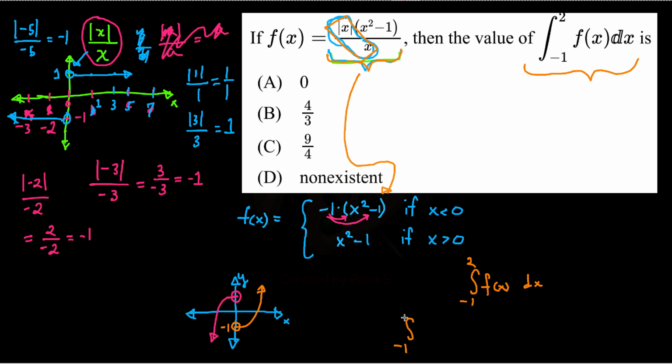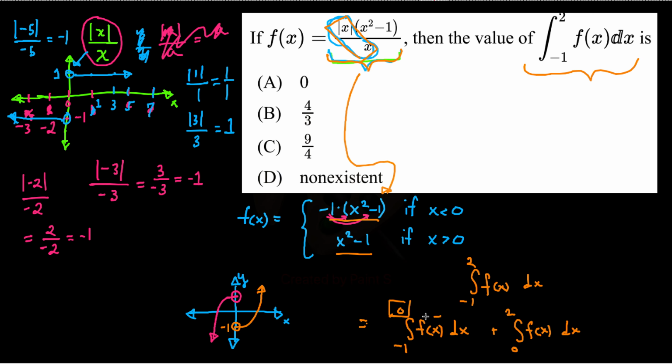So from -1 to 0 of f of x dx plus, using our properties of a definite integral, from 0 to 2 of f of x dx, because that's going to allow me to use these two pieces of f at different points. First I'll use this piece, and then I'll use this piece, because it's broken up along the 0 line.